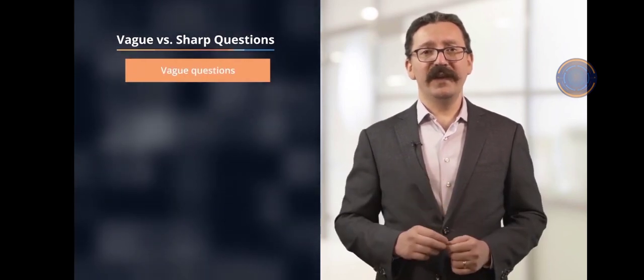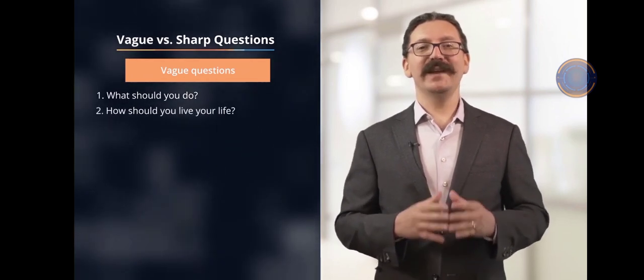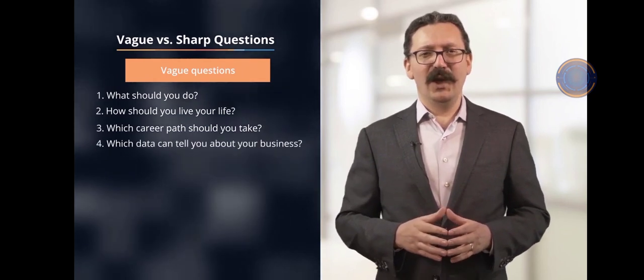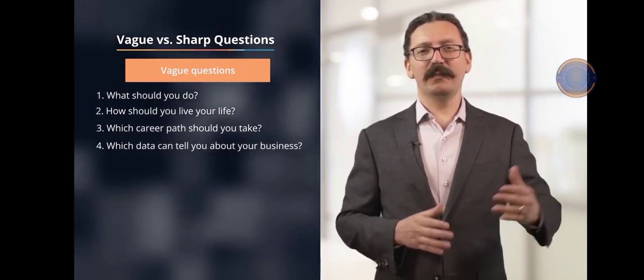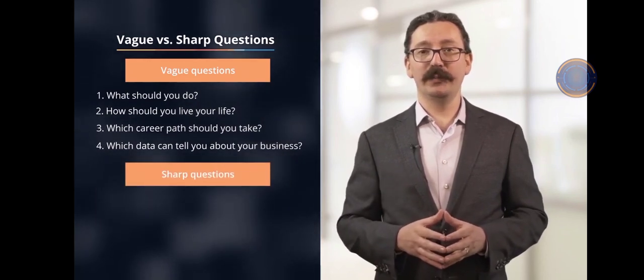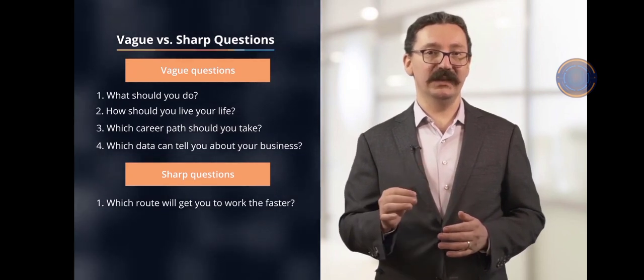Let's look at some examples of sharp and vague questions. Examples of vague questions are: what should I do? How should I live my life? Which career path should I take? What can data tell me about my business? On the other hand, sharp questions will be more like: which route will get me to work fastest?